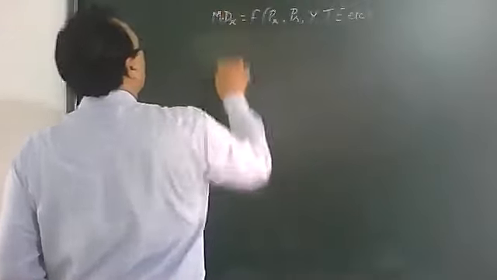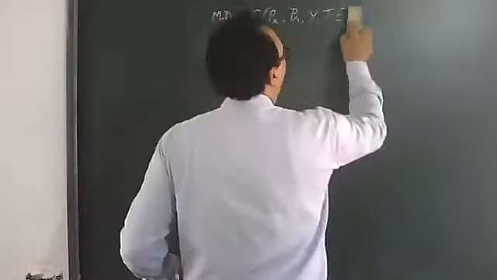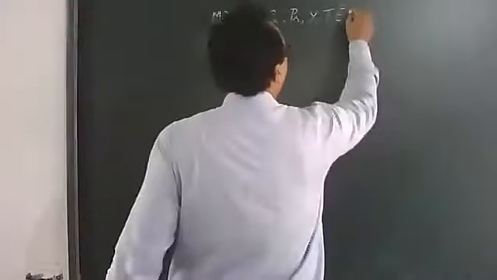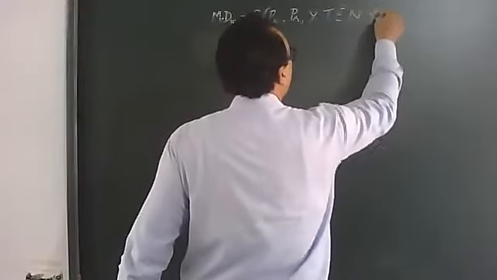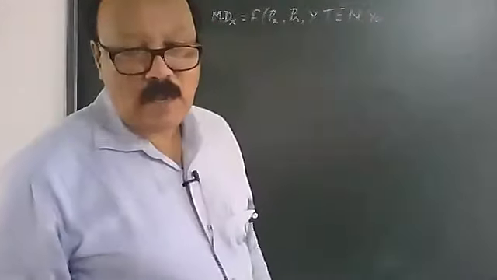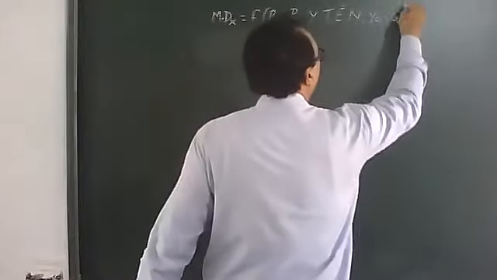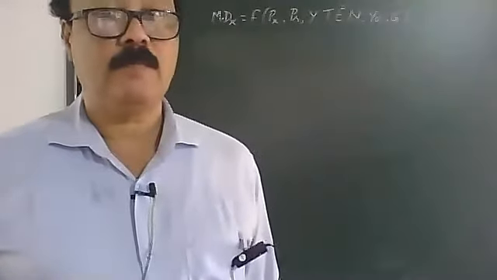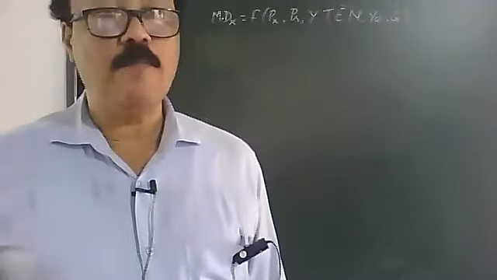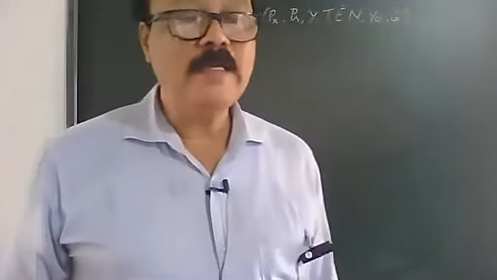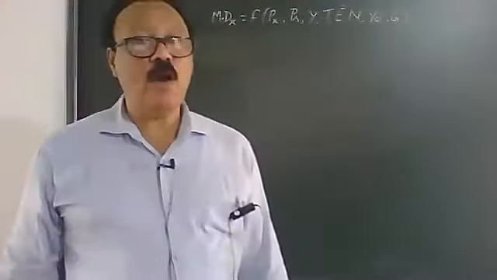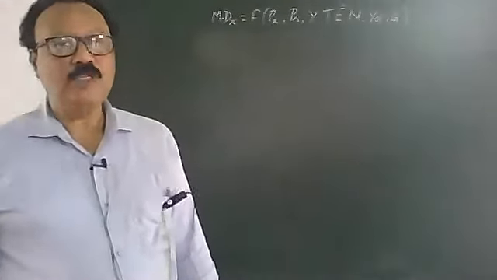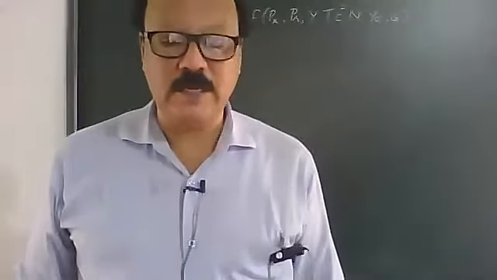So market demand will have all the following factors of an individual, and added to this you will have N, YD, and last one will be G, where N stands for population, YD stands for distribution of income, and G, government policy.